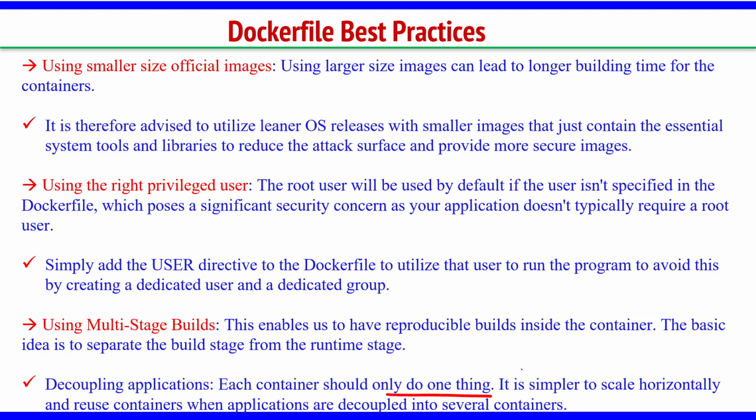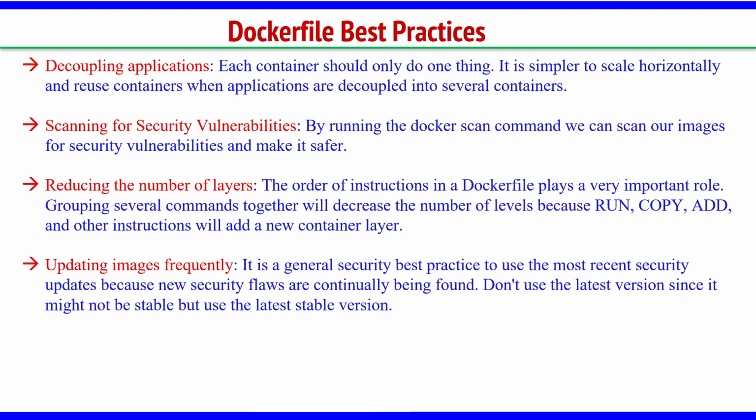It is simpler to scale horizontally and reuse containers when the applications are decoupled. When you have independent services and there is some load on a particular application, I can scale it easily. So we have to use the one container, one image concept.